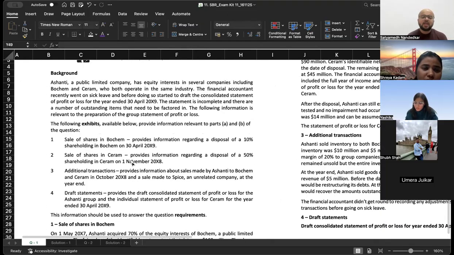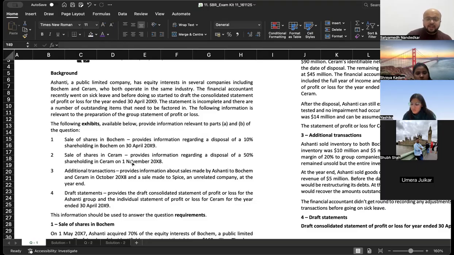Exhibit: Ashanti, a public limited company, has equity interests in several companies, including Bochem and Serum, who both operate in the same industry. The financial accountant recently went on sick leave and, before doing so, started to draft the consolidated statement of profit or loss for the year ended 30th April 2009.